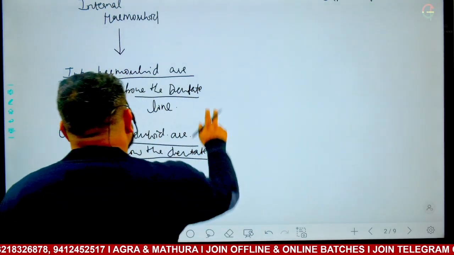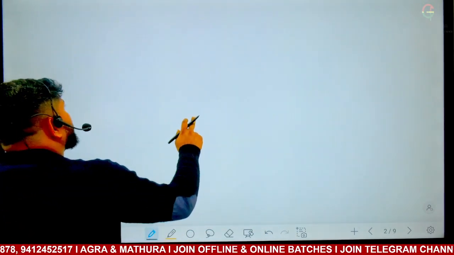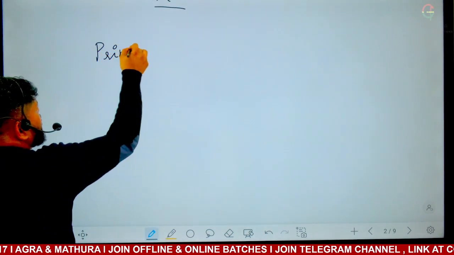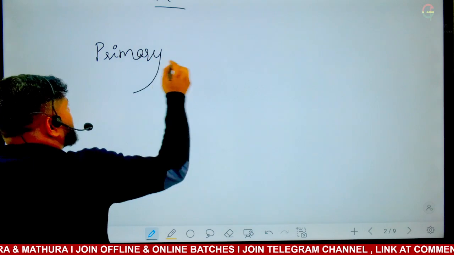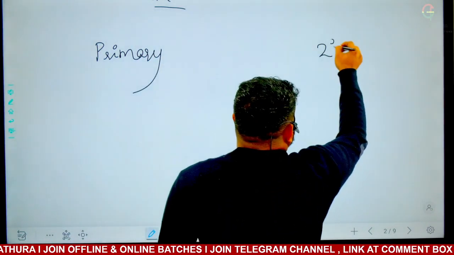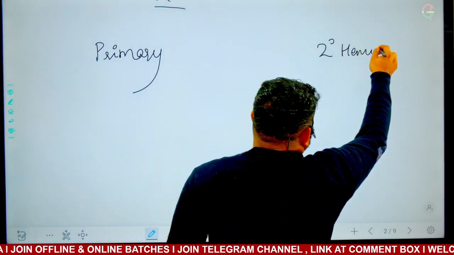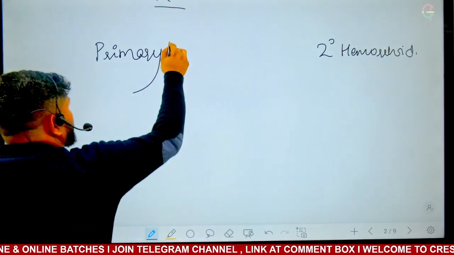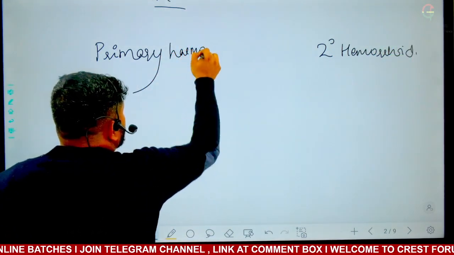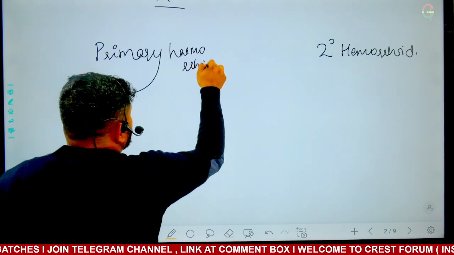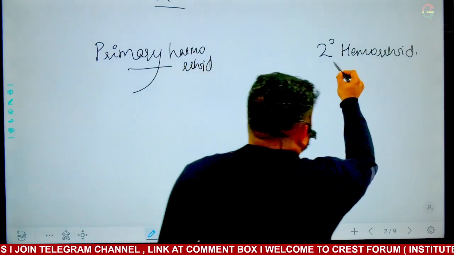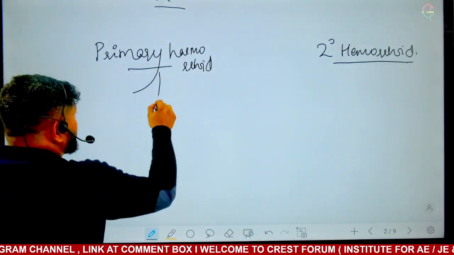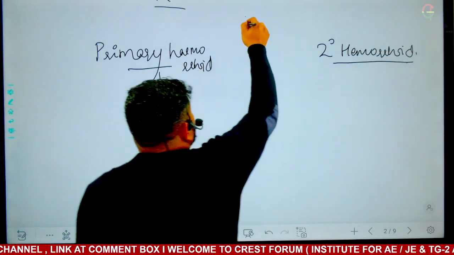Another classification is primary and secondary hemorrhoid. It is on the basis of origin.